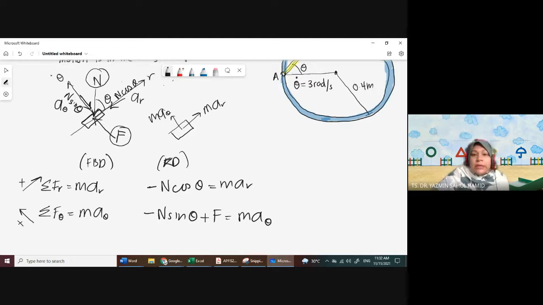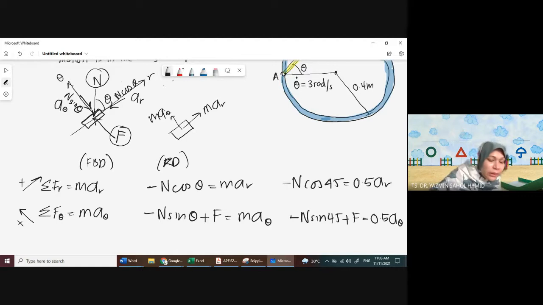Okay, so let's just replace M with the mass is already given, so it will be negative N cos 45 equals to what is the mass? 0.5. 0.5 AR. And then this one also negative N sin 45 plus F equals to 0.5 A theta. Okay, so we have these two formulas already.